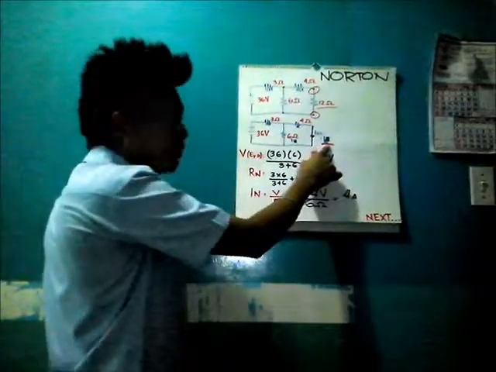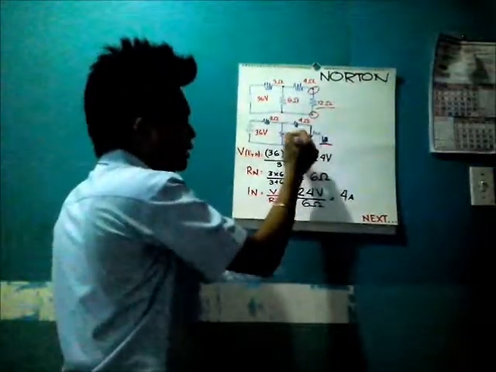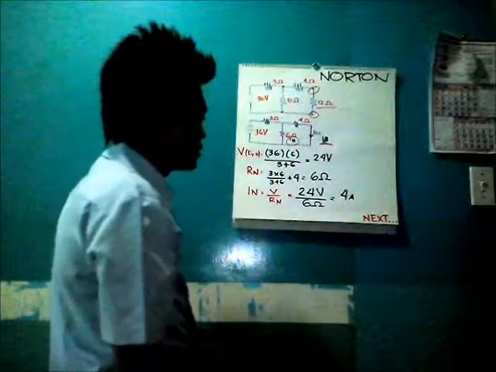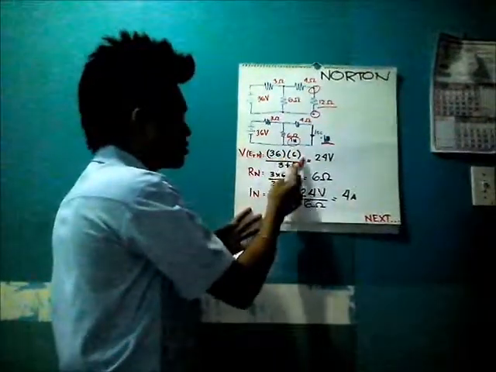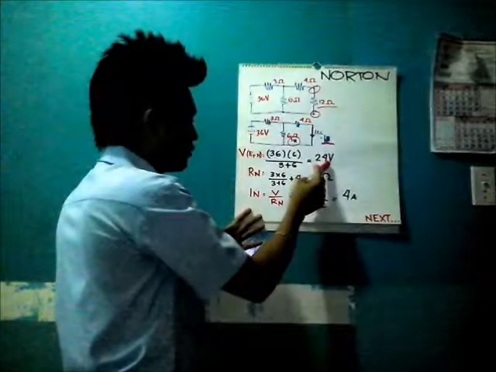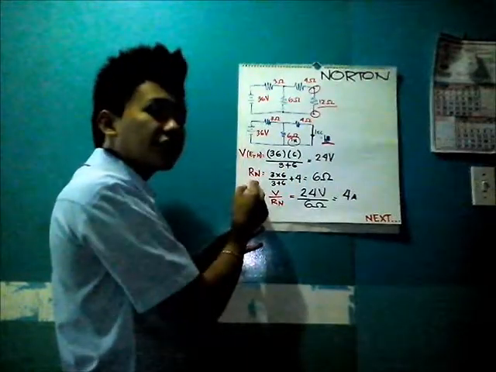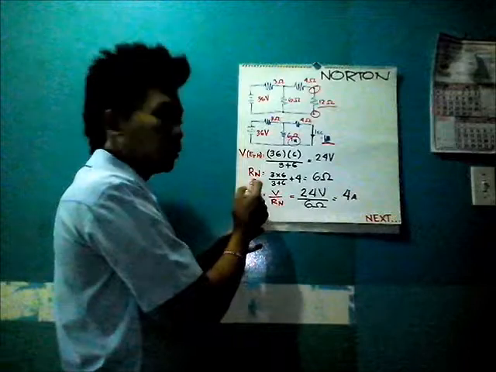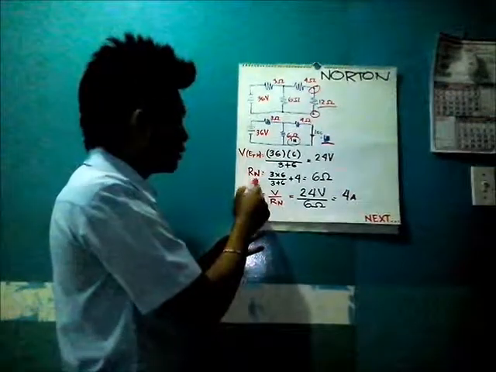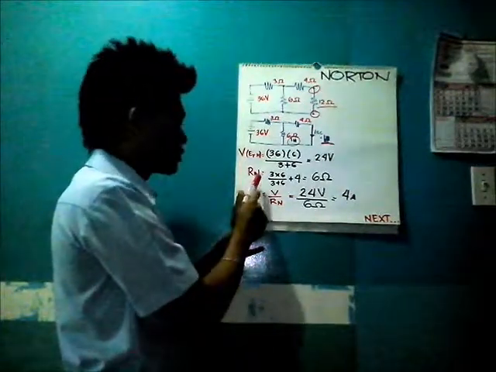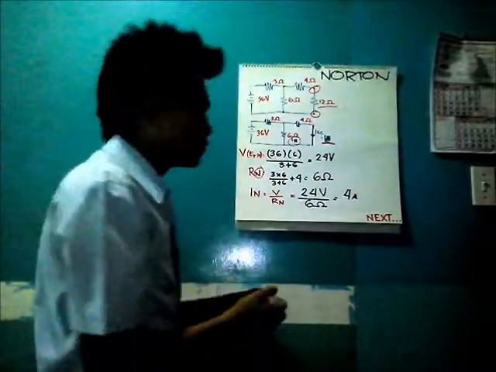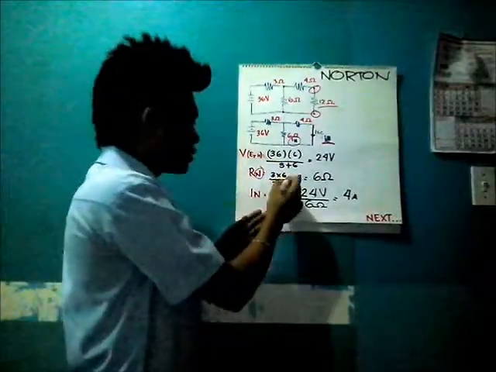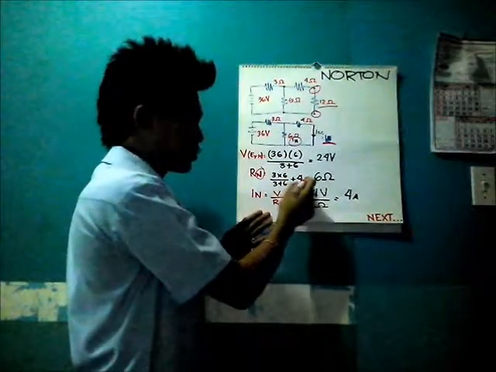Here is our IL, and this will be our IN. So let's compute again for the voltage. 36 times 6 over 36 plus 6, 24. And here, not RTH anymore but RN. Before, it's resistance Thevenin; now, it's resistance Norton. So take note of this N. So 3 times 6 over 3 plus 6, plus 4, is equal to 6.